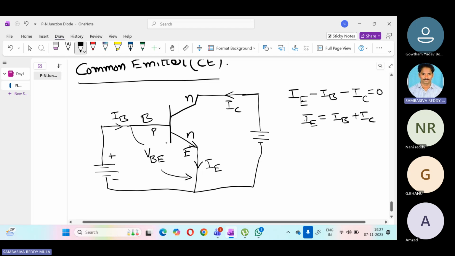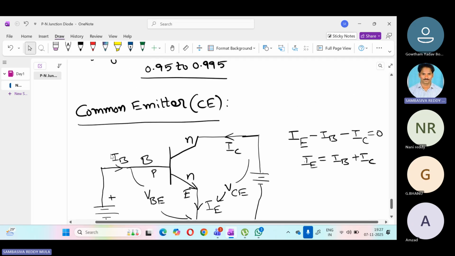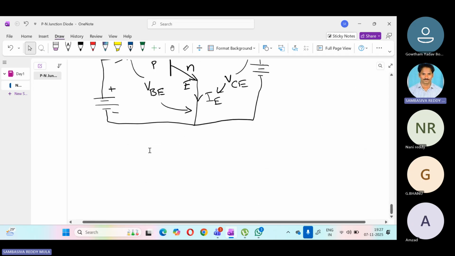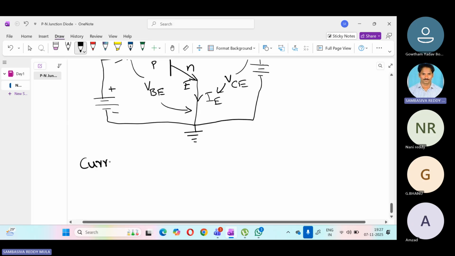Okay. Now this output voltage is nothing but VCE. So input current is IB, output current is IC. In the common emitter configuration, what is the current gain? The current gain, or current amplification factor, both are the same.